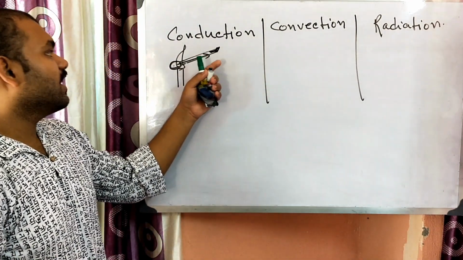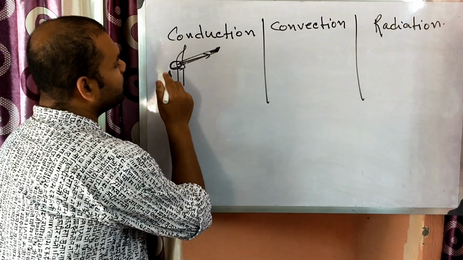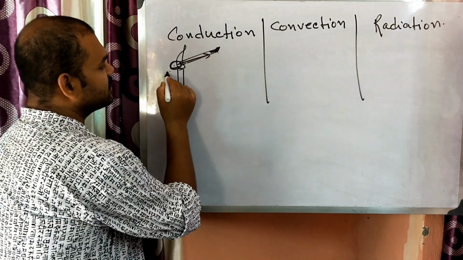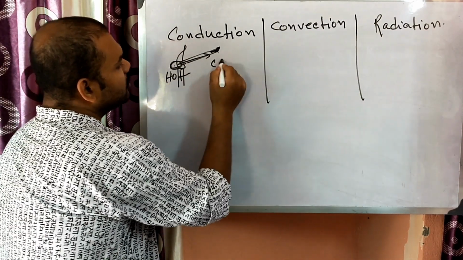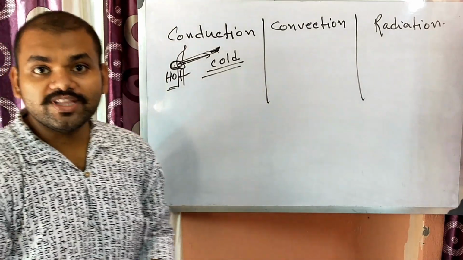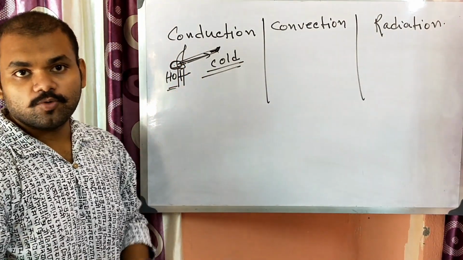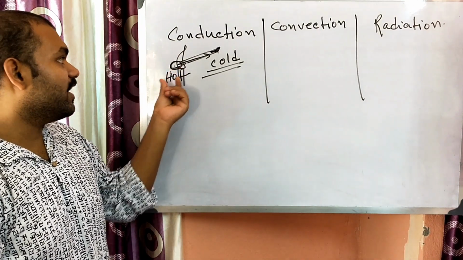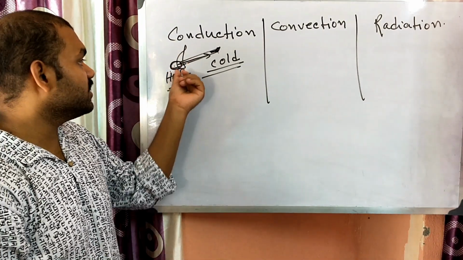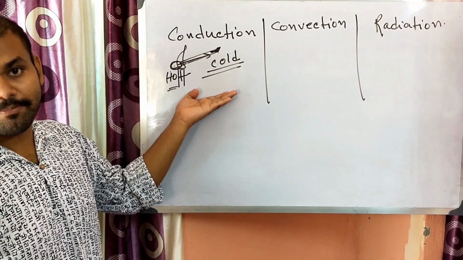So this is a phenomenon of conduction, where heat is transferred from the hotter part to the colder part without any actual mass movement. Will the material of the spoon move from this place to this place? No. So here no actual mass movement happens.